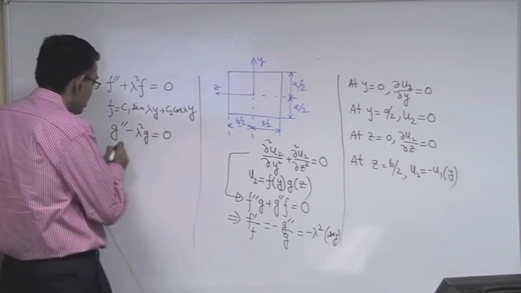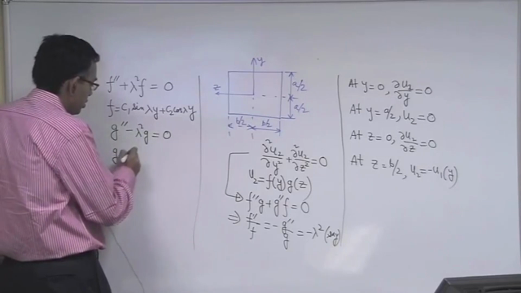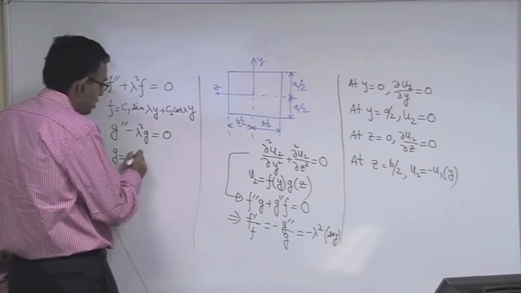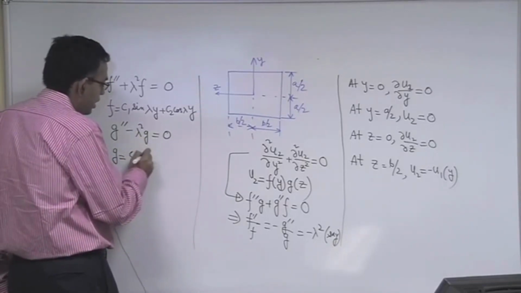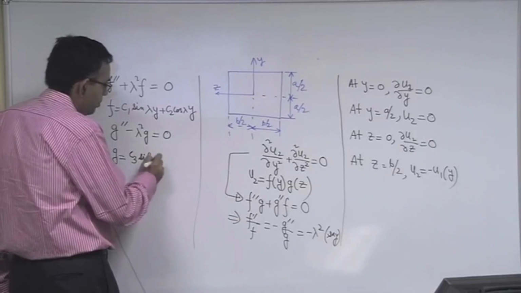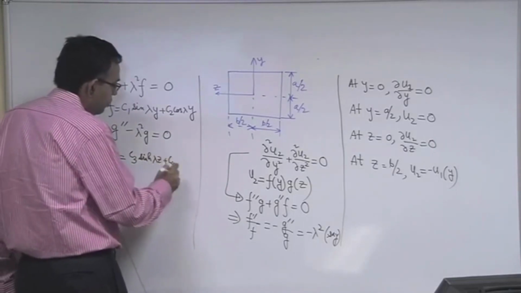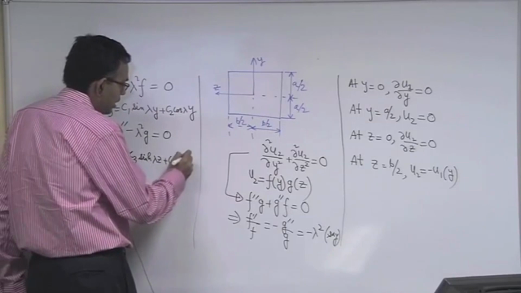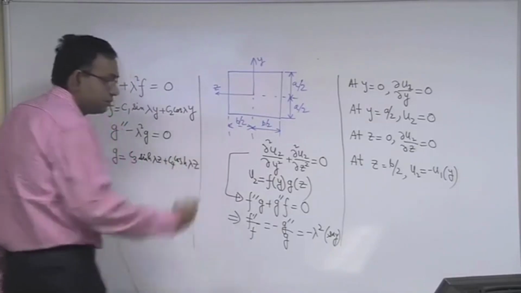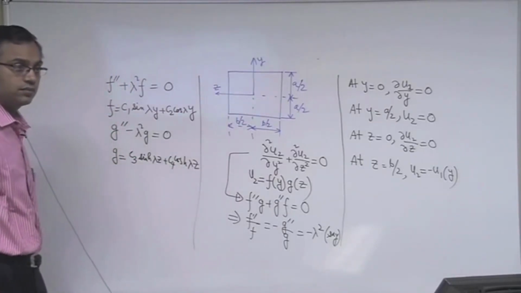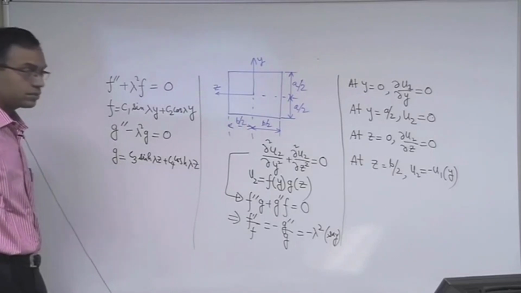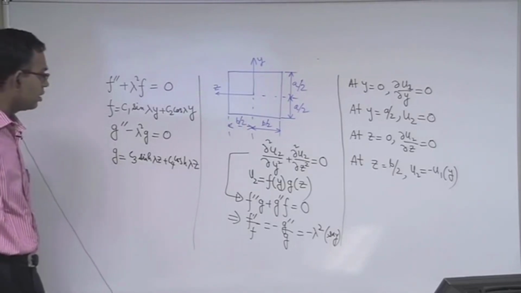So G is equal to say C3 sin h lambda z plus C4 cos h lambda z.